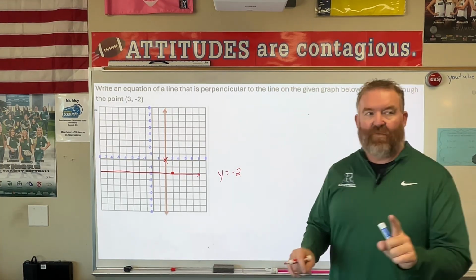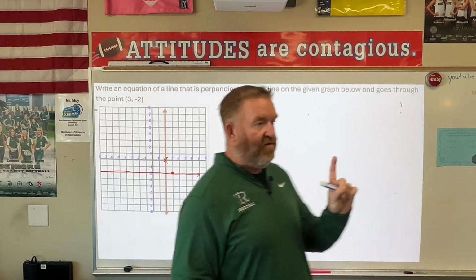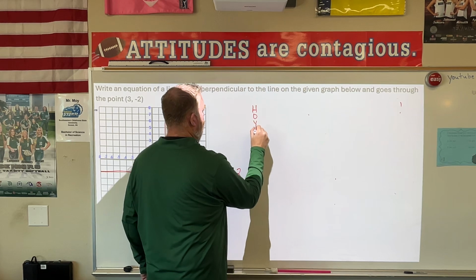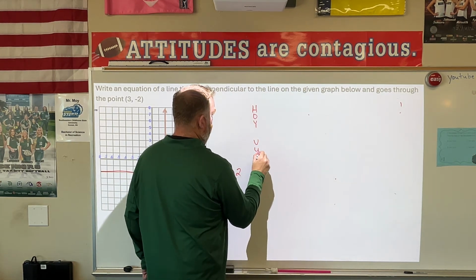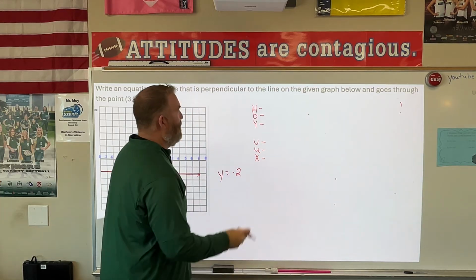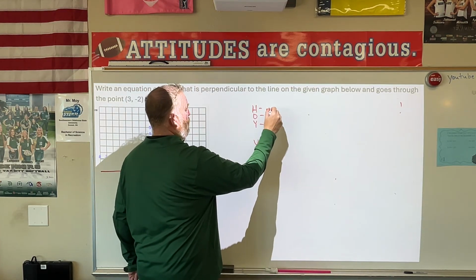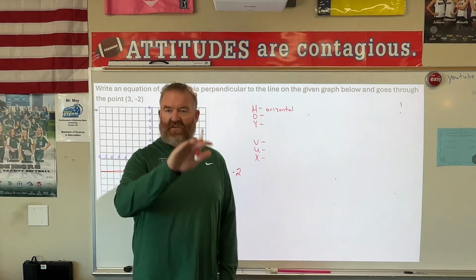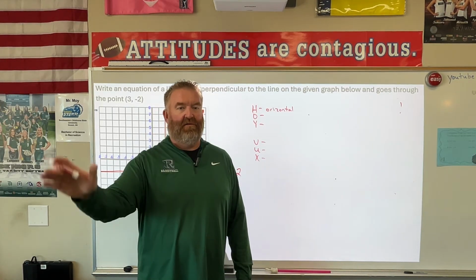If you need to, go back and watch this, but I'm going to give you a couple of quick words. You remember the words hoy and vux, H-O-Y, and V-U-X? We went through it very quickly, but so you can go back and look: the H is horizontal. The horse is ontal.